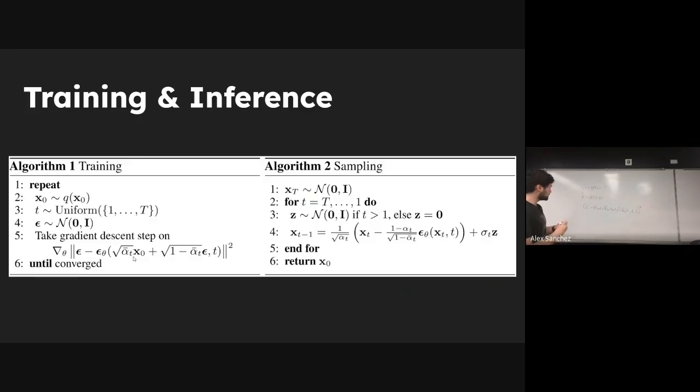Okay, let's change the colors up. I'll do this in red. This is our real noise. This is the amount of actual noise that was added at that step. And this is what our model predicts. Whenever you see theta, just think of the model parameters. The model has two inputs.